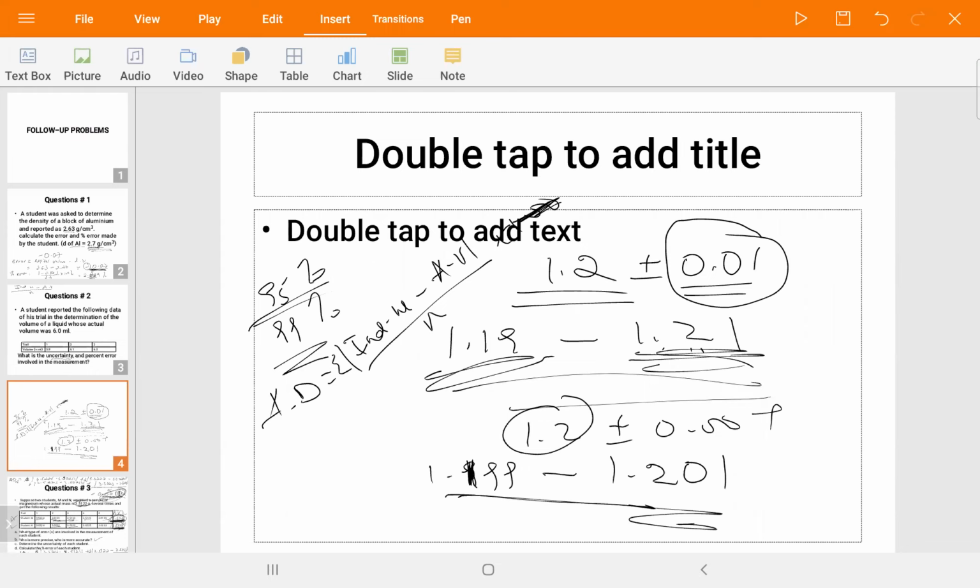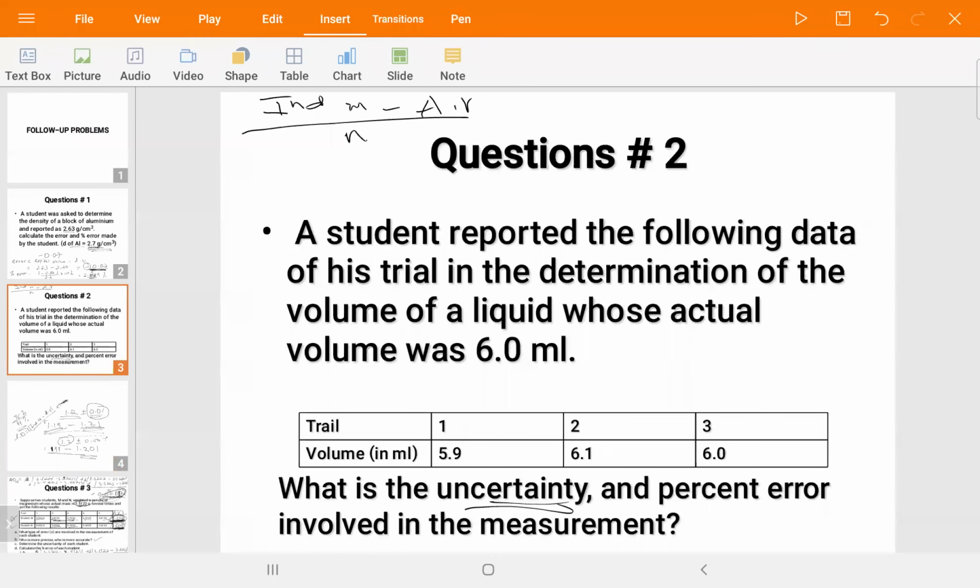Now, let us see with an example. A student reported the following data of his trials in determination of the volume of a liquid whose actual volume is 6 milliliters.